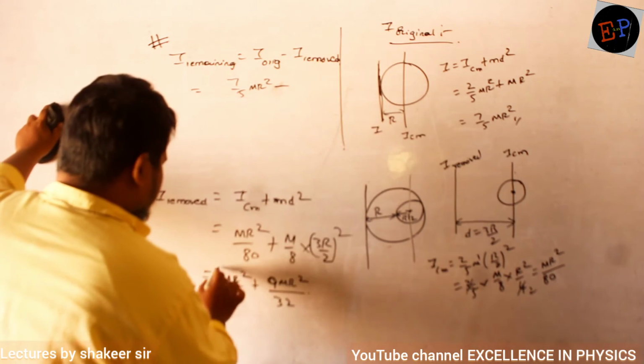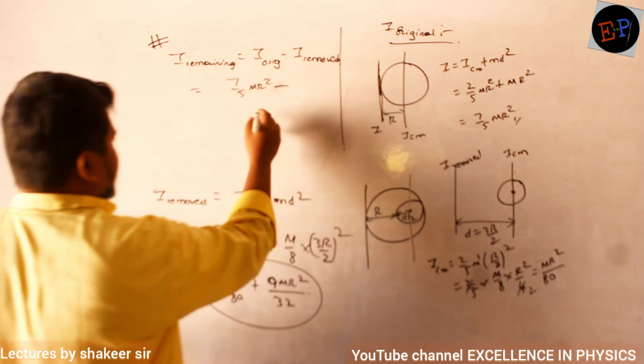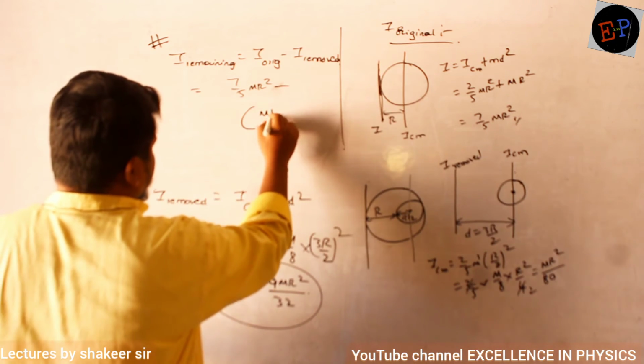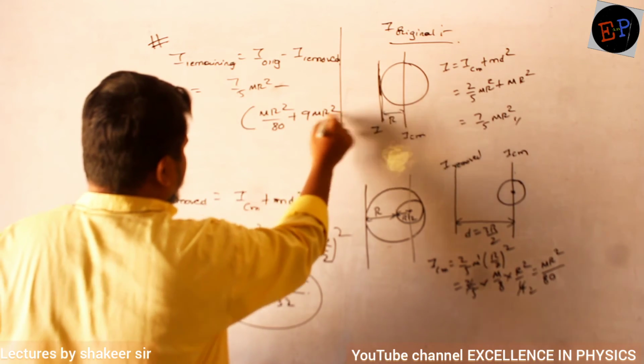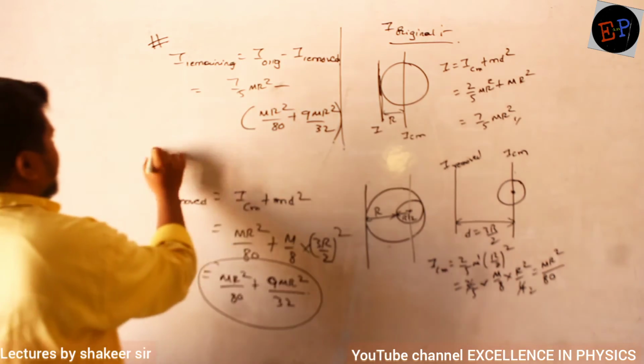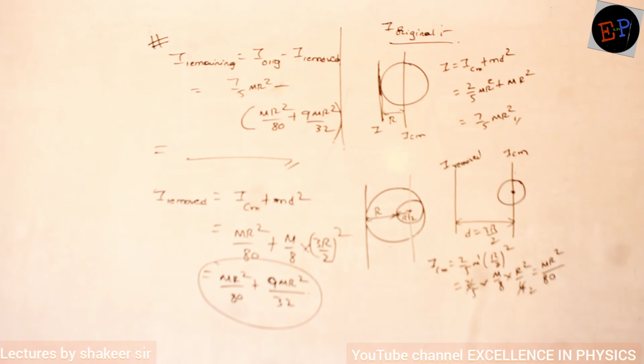So this is the total moment of inertia of the removed body. Now substitute here: minus of mr square by 80 plus 9 mr square divided by 32. If you do this total calculation, that is the moment of inertia of the remaining sphere.